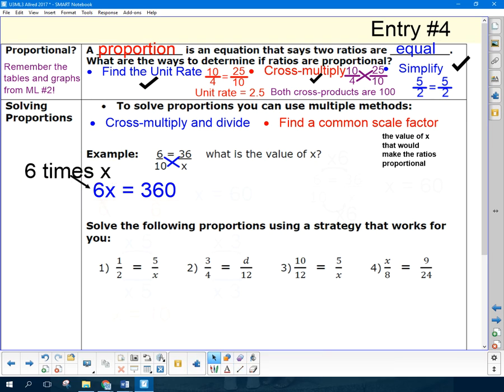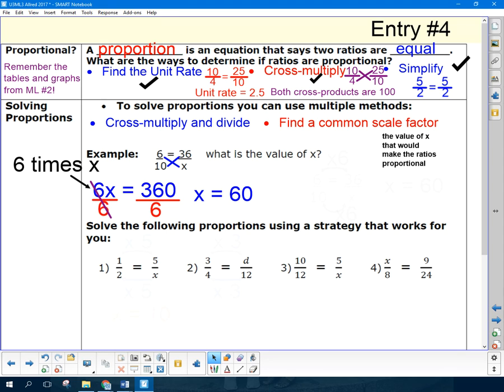We can do the opposite of multiplication there. We can do division on both sides of the equation. Divide both sides by 6. And when we divide 360 by 6, we get 60. X is worth 60. That's one way you could solve that proportion for x.